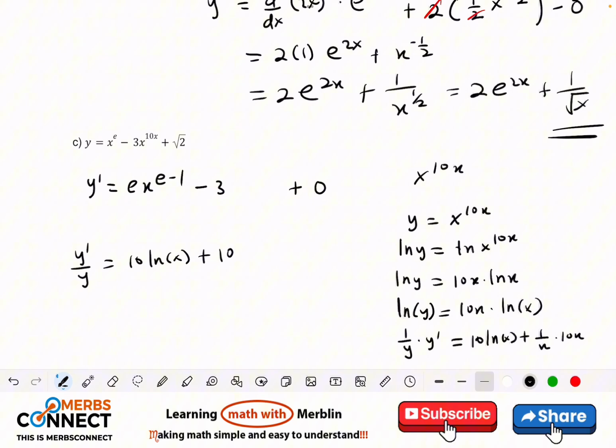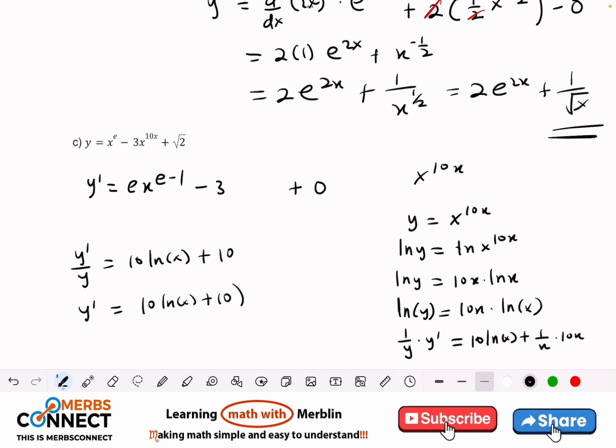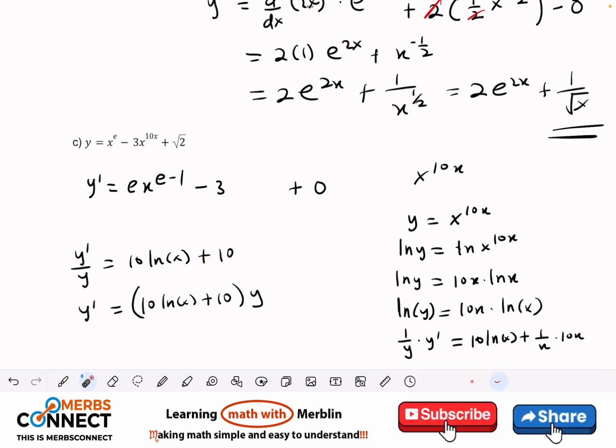Then what will be y prime? Y prime here will be equal to 10 ln x plus 10 all times y, because now I need to multiply this one by y. So this is like this is divided by 1. So 1 times y prime will be this, and then y times this one too will be this. Now what is y? Y is equal to what is here.